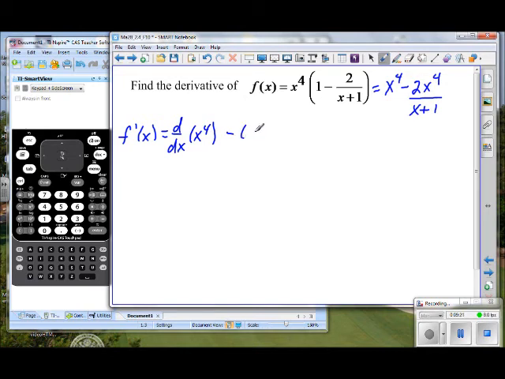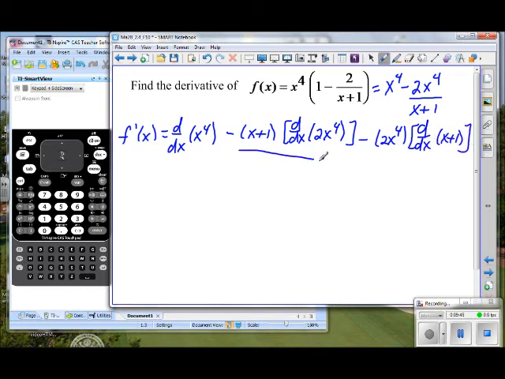We have our denominator times the derivative with respect to x of our numerator minus our numerator times the derivative with respect to x of our denominator.